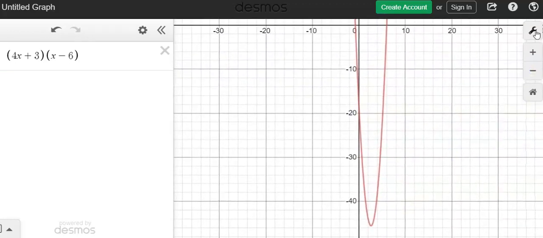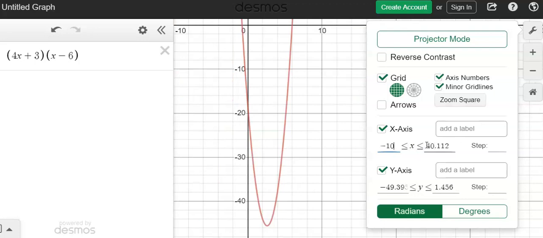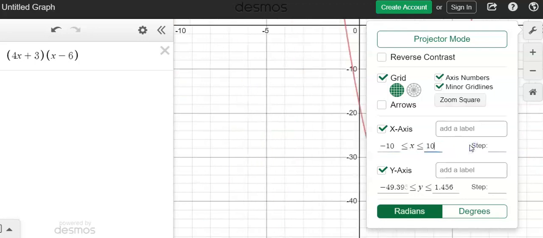It is still a little hard to see, so I'm going to go to my graph settings and change my x-axis. Instead of it going all the way from negative 39.8 repeating to 40.112, let's just take a look between negative 10 and positive 10.